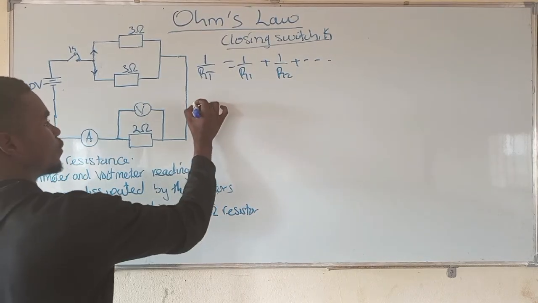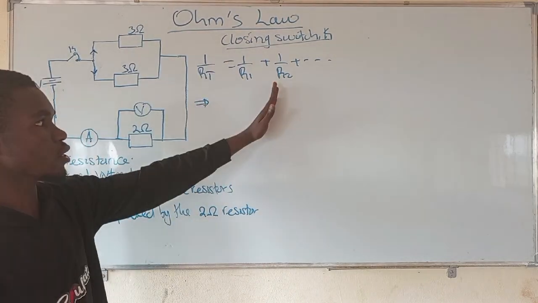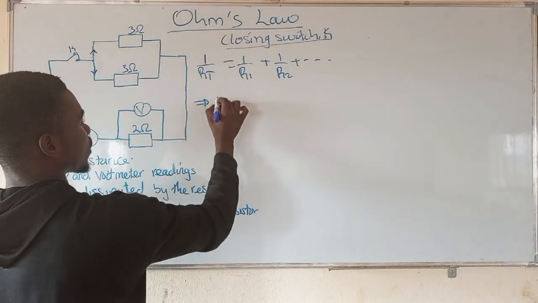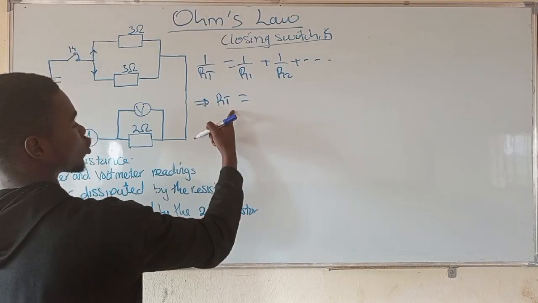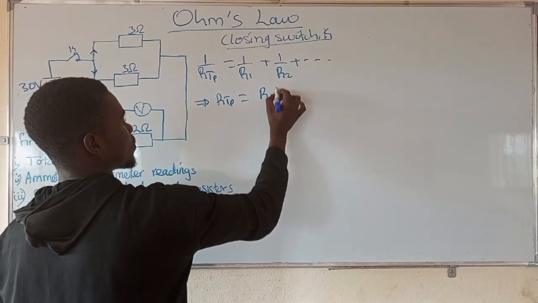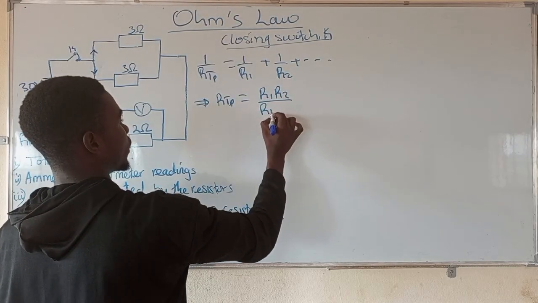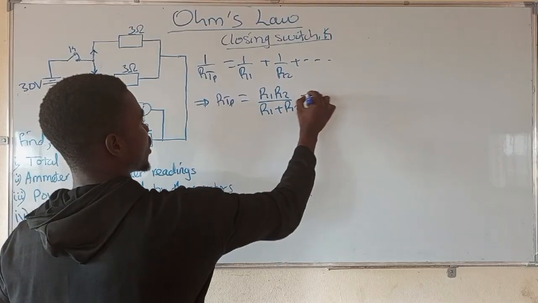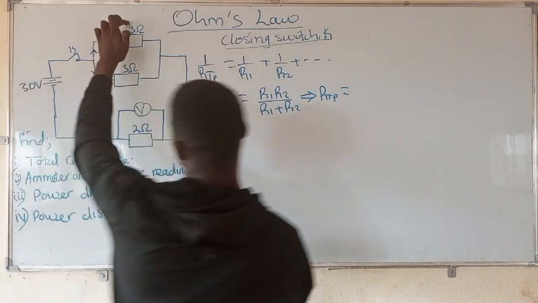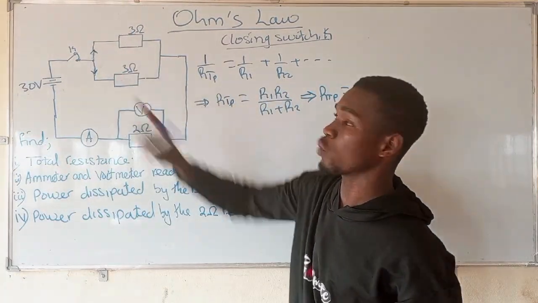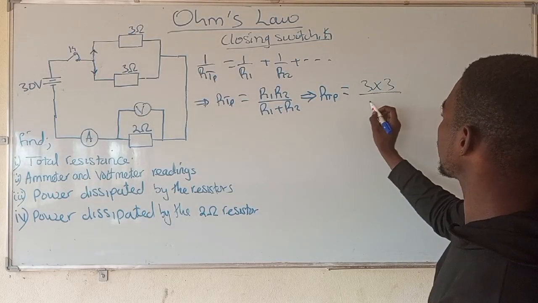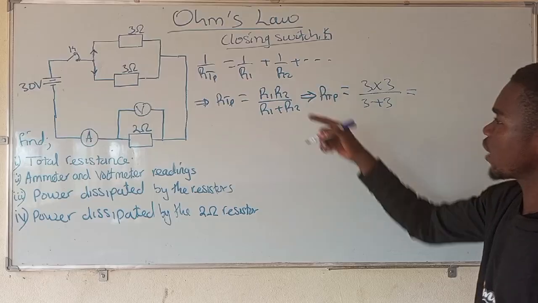If we evaluate this with just 2 resistors, taking the LCM and simplifying, R total in parallel becomes R1 times R2 over the sum of R1 and R2. In this case, R1 is 3, R2 is still 3. So we take 3 times 3 over 3 plus 3.